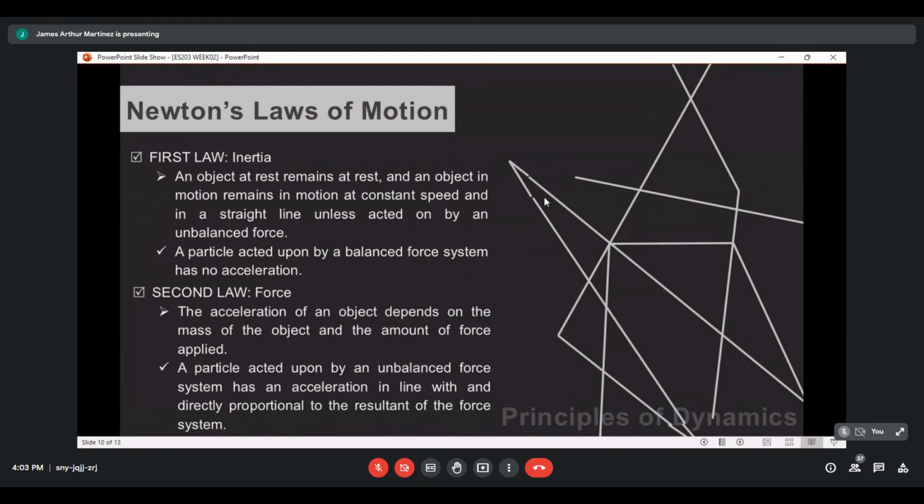The second law of motion is that the acceleration of an object depends on the mass of the object and the amount of force applied. In engineering mechanics, it can be stated as: a particle acted upon by an unbalanced force system has an acceleration in line with and directly proportional to the resultant of the force system.